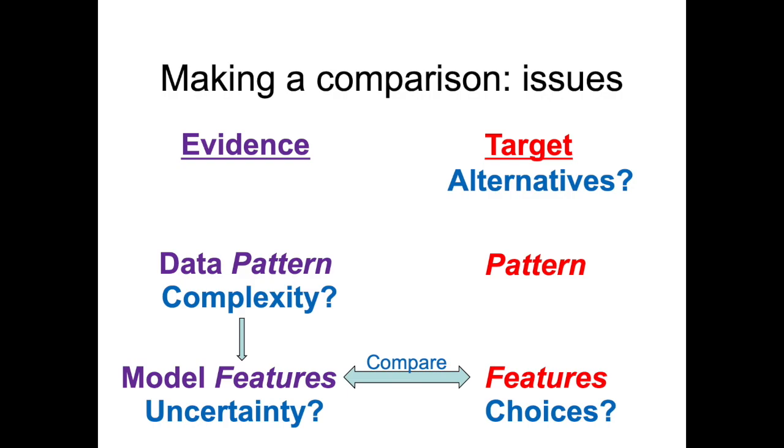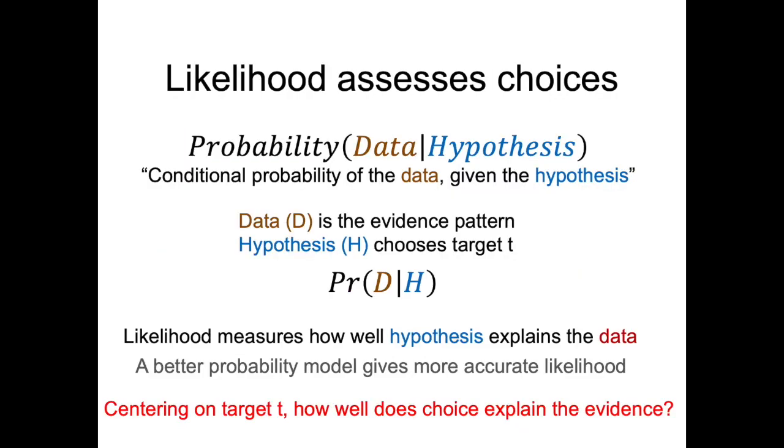For example, if you have a feature and there are different values of the feature, then there's uncertainty as to which values in the evidence are more probable. And on the target, there are now choices to make of what the feature values would be, as well as the targets. In statistical science, a likelihood function is used to assess these different choices.